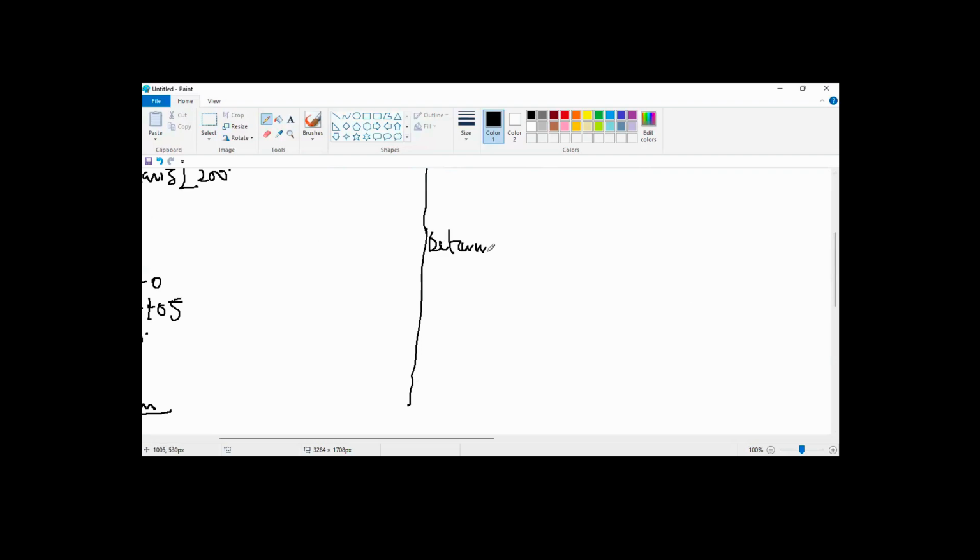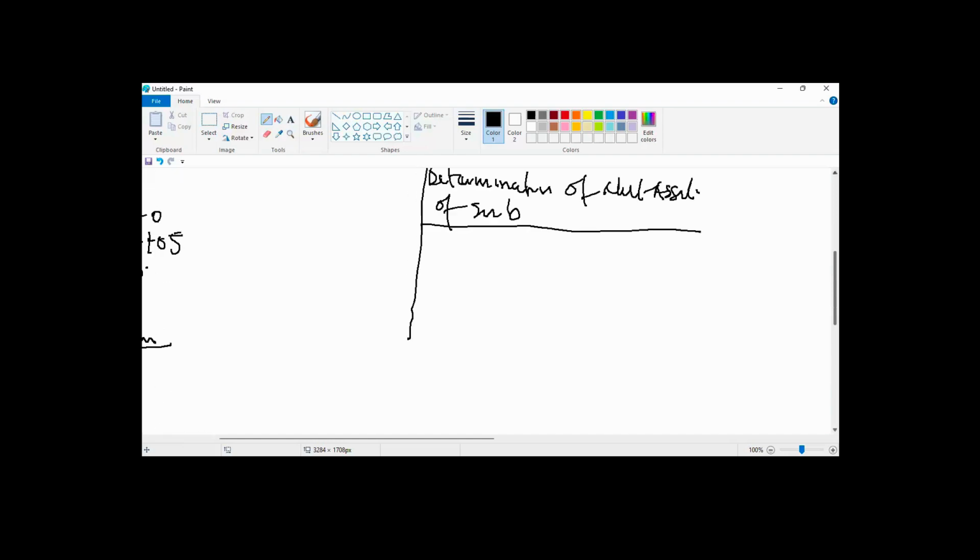Determination of net assets. Recalculation.